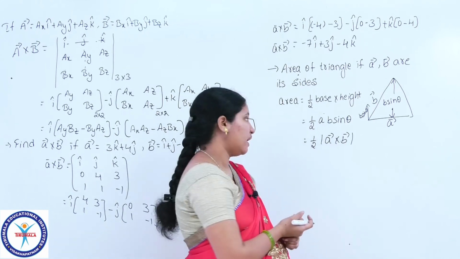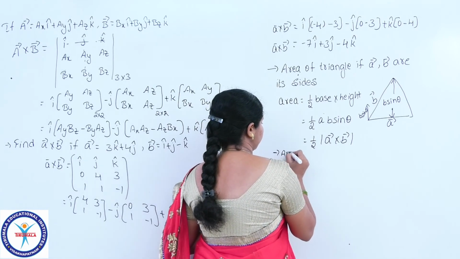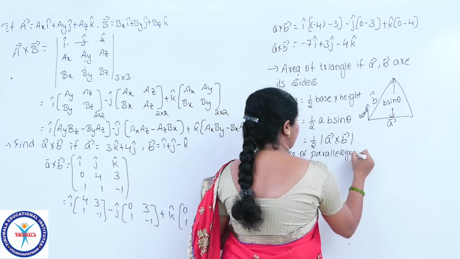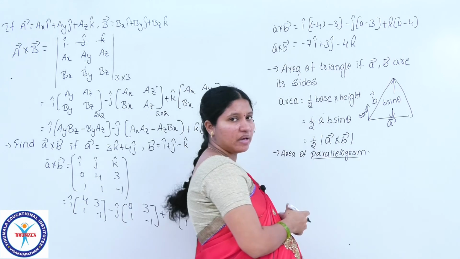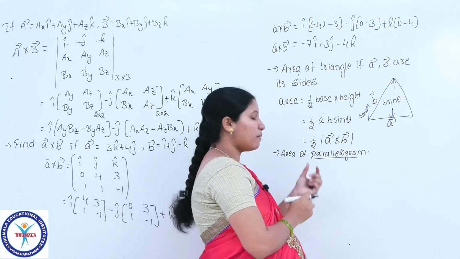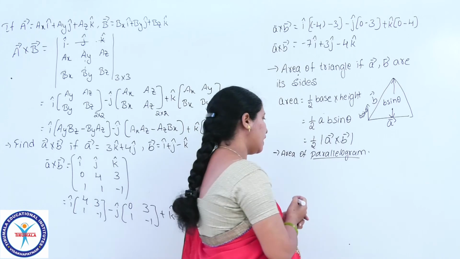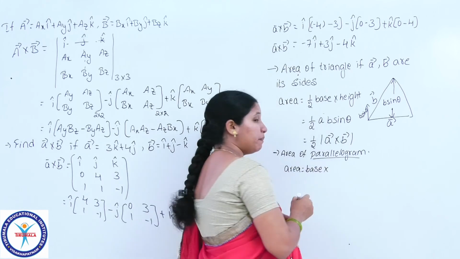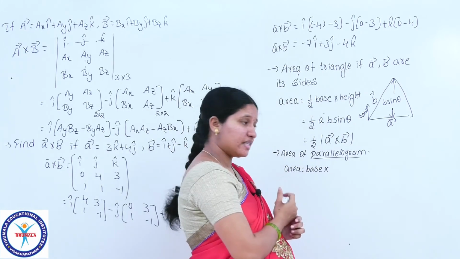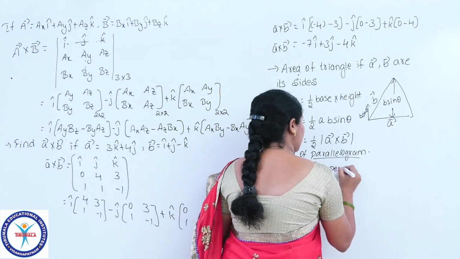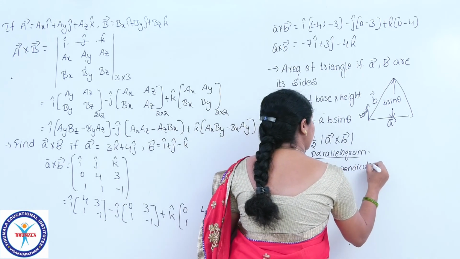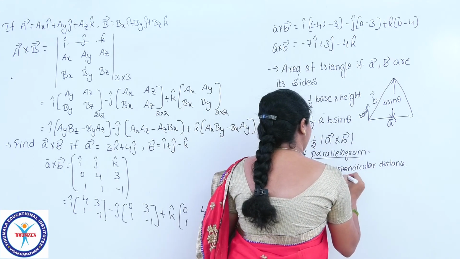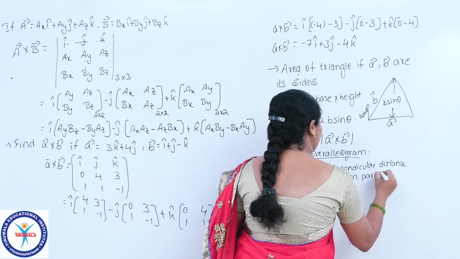If we want to find out the area of a parallelogram, how to find it out? What will be the mathematical formula for the area of a parallelogram? The area is equal to base into the perpendicular distance between its parallel sides.